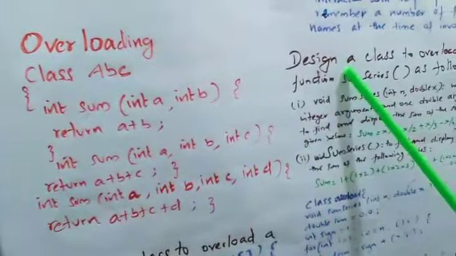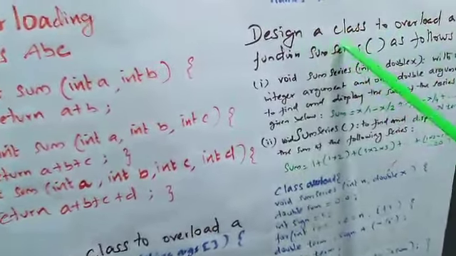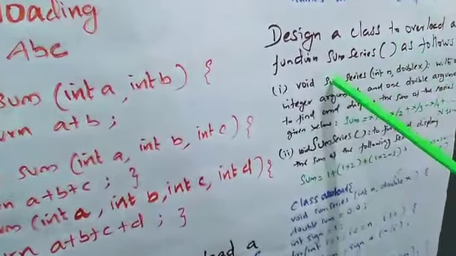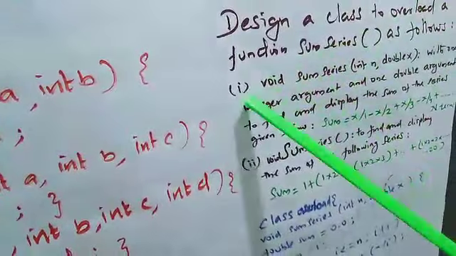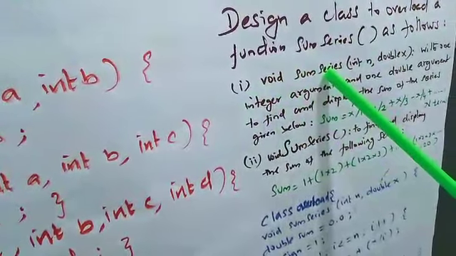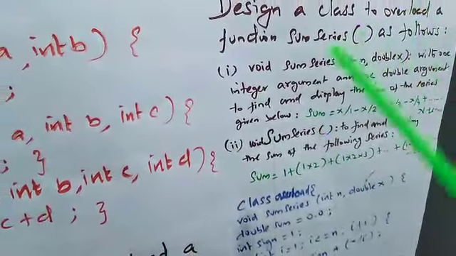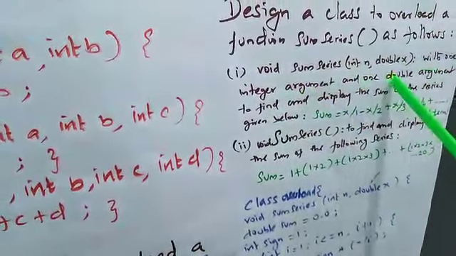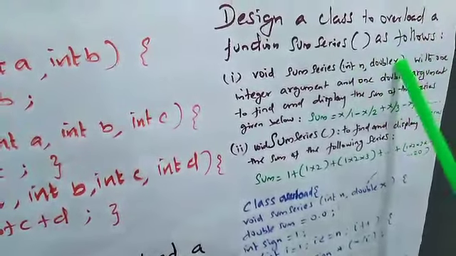Now there is one program using function overloading. You have to design a class to overload a function, that is sum series. Series you have to do as follows. First one, void sumSeries(int n, double x), with one integer argument and one double argument.